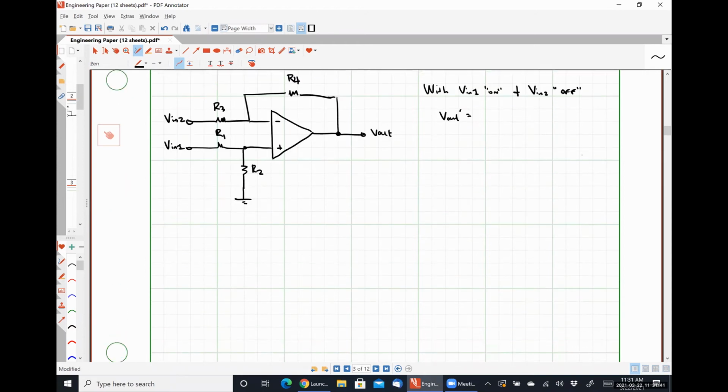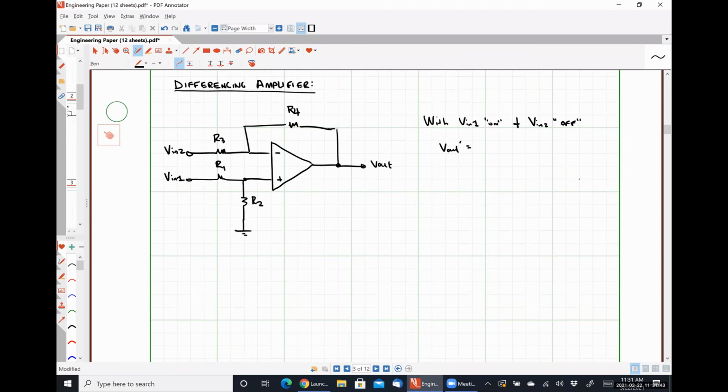So we can see that Vout should be VN1 times R2 over R1 plus R2, this whole thing multiplied by a factor of 1 plus R4 over R3.